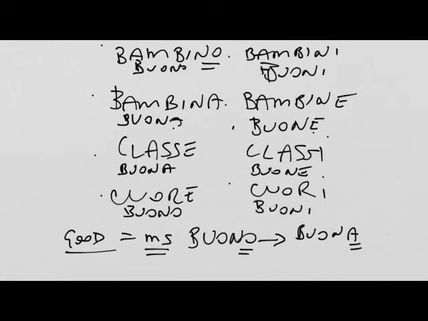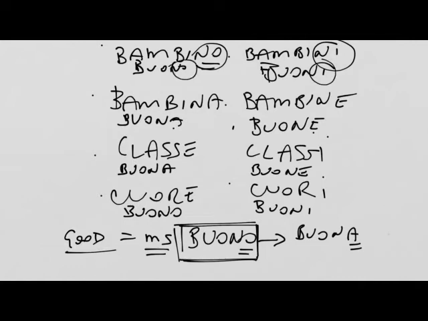So when you see this form of adjective in the dictionary, you know that it will have basically four forms. Masculine singular, masculine plural, feminine singular, feminine plural, and the same here.